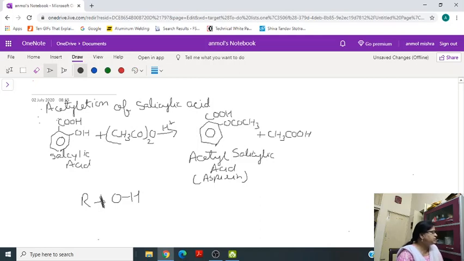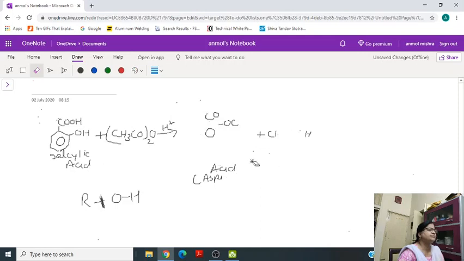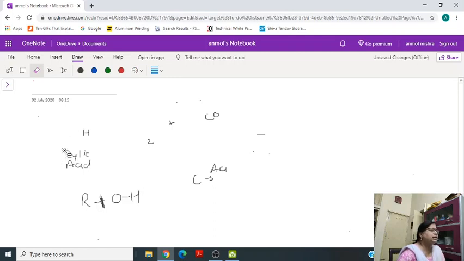So under it, first we will study reaction with hydrogen halides. This reaction we have studied in the chapter haloalkane and haloarene.